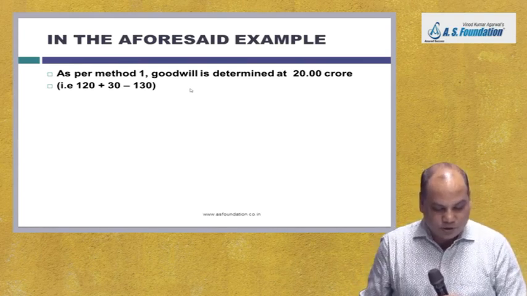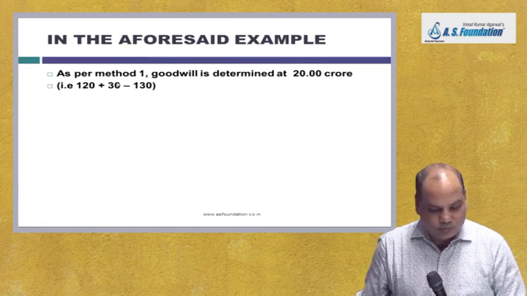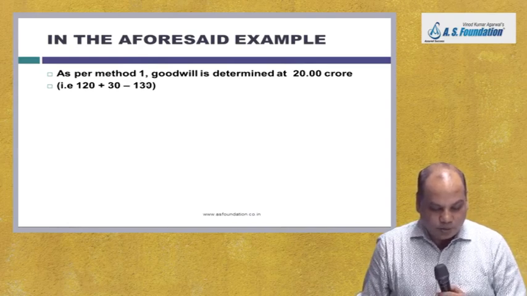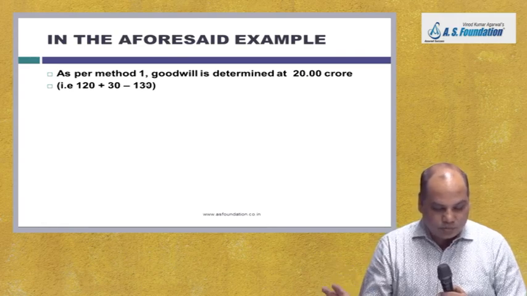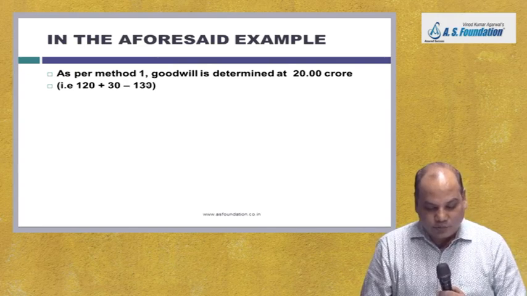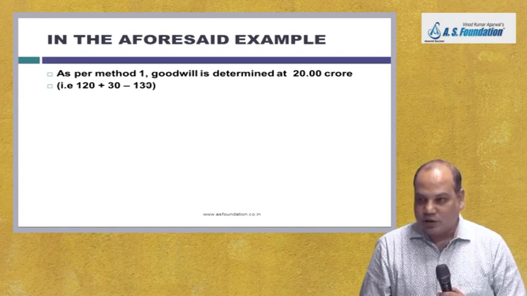Let us go to the first method. Do you remember the first method? NCI problem, example 1 at the top. Calculate goodwill for that problem. In example 1, A Limited acquires 80% of B Limited at a valuation of 150 crore, by payment in cash 120 crore and NCI was 30 crore, correct?